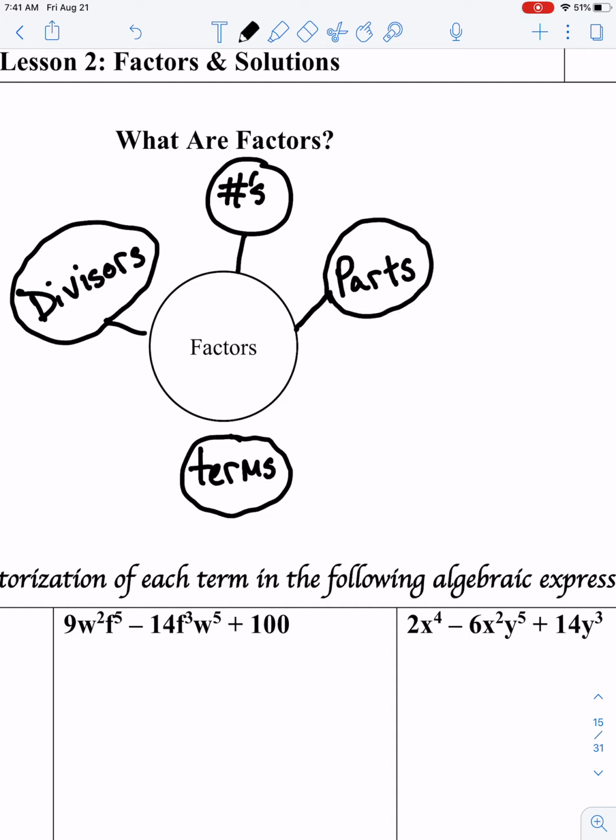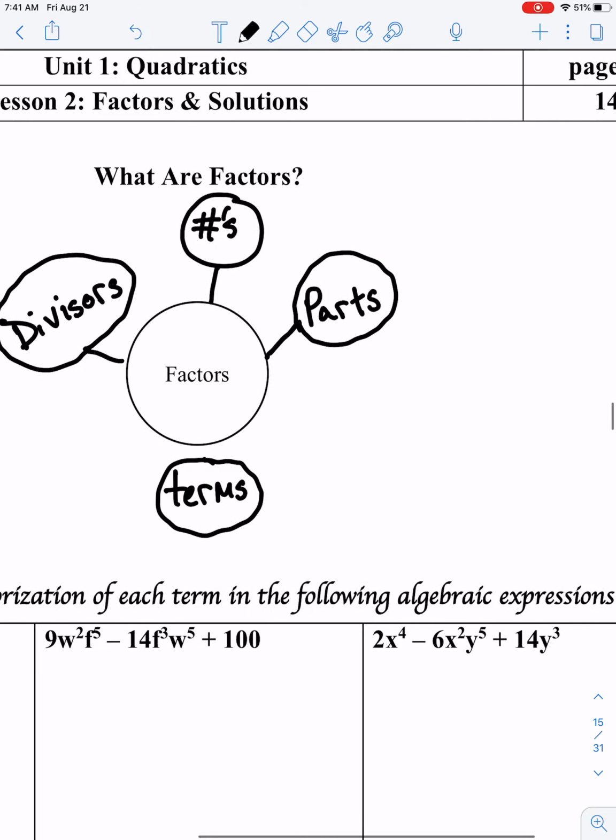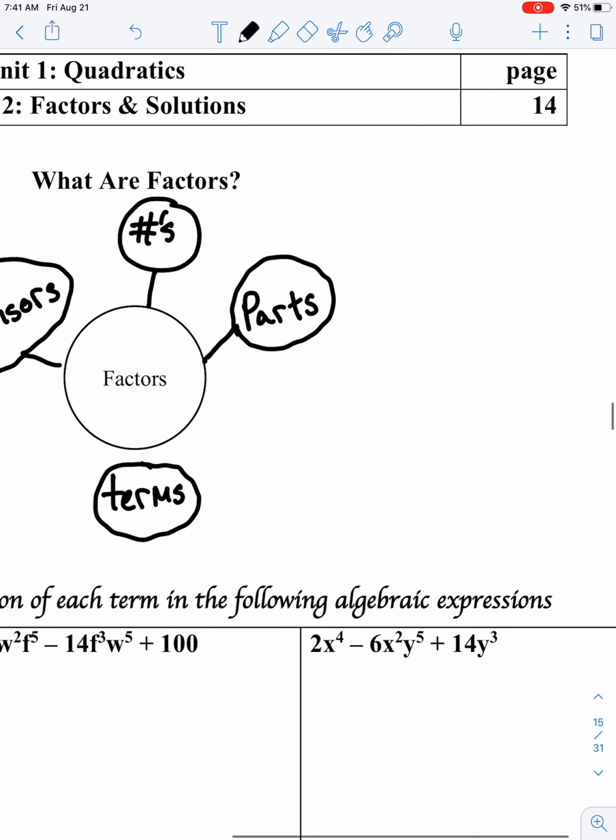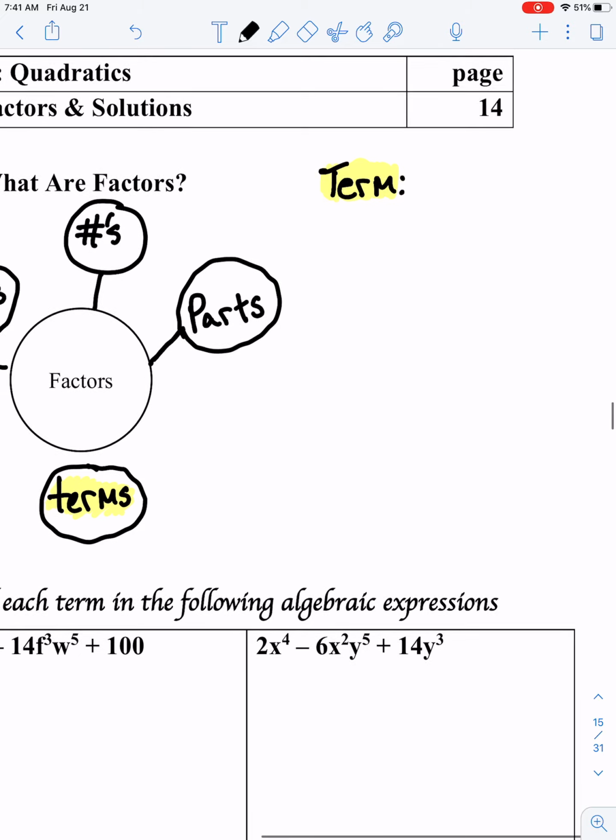A couple of terms I want to go over is actually term, okay? So a term, when talking about equations or functions in math, they are separated by addition and subtraction signs.